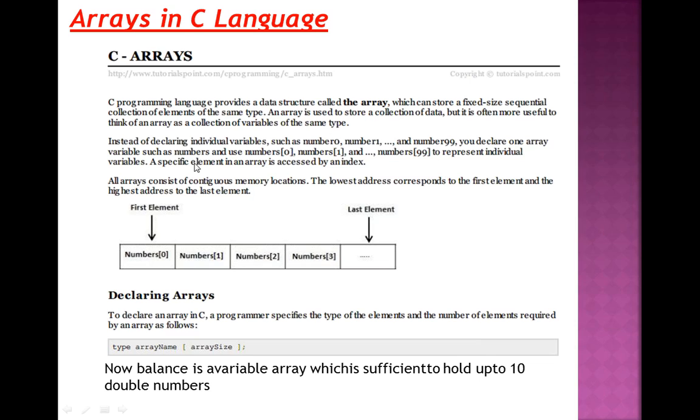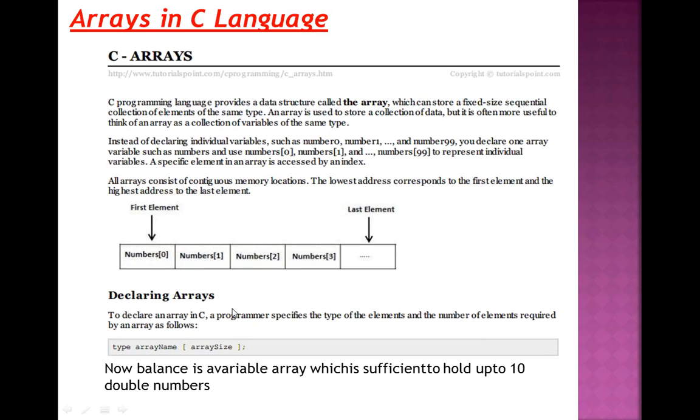This says a specified element in an array is accessed by the index. This is your first element, the starting point, and the ending point is your last element. The lowest address corresponds to the first element and the highest address corresponds to the last element.